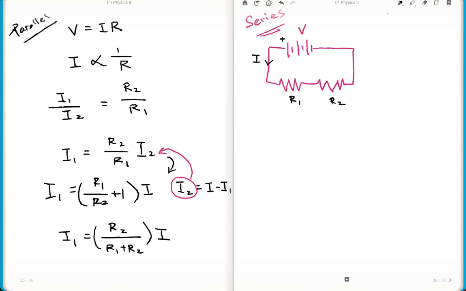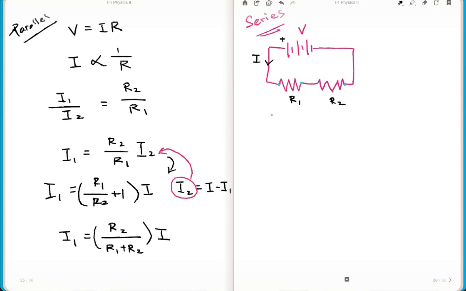Now what happens in a series circuit? Here, when current goes in, it doesn't split anymore, because the amount of current going in will be the same as the amount of current going out. The same goes with R2: it goes into R2 and then it goes out from R1. So therefore, the current passing through R1 and R2 will be the same, because current relates to electrons. So the number of electrons that pass through R1 and R2 is the same.